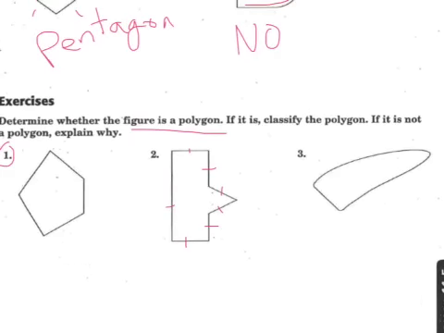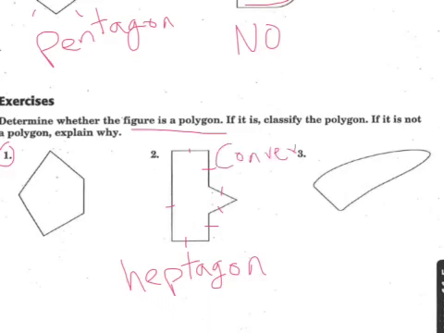So we know that this is a heptagon, but it is also what we can call a convex heptagon. Let's talk about what convex means. Convex is whenever our shape points out. You can see here that this comes out and makes somewhat of a triangle over here.